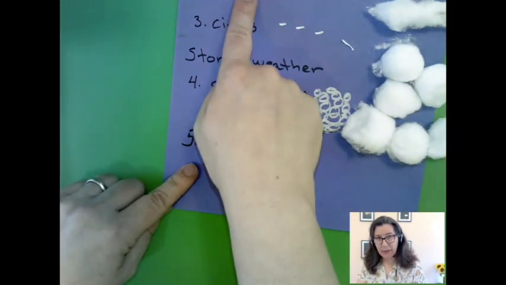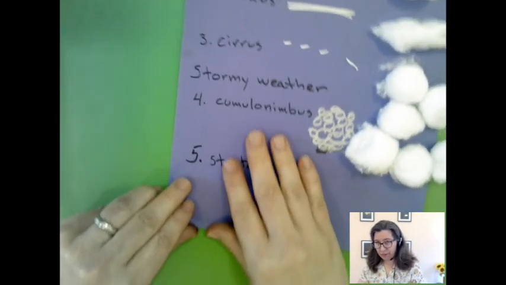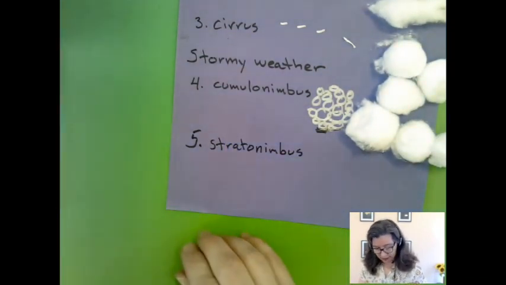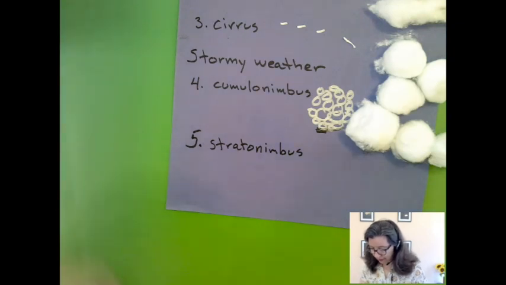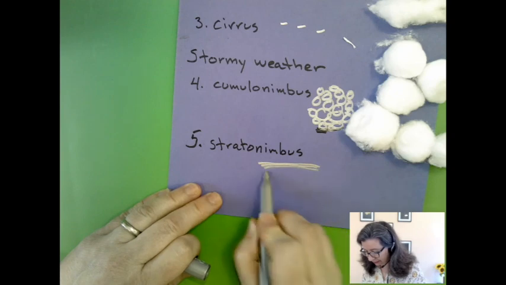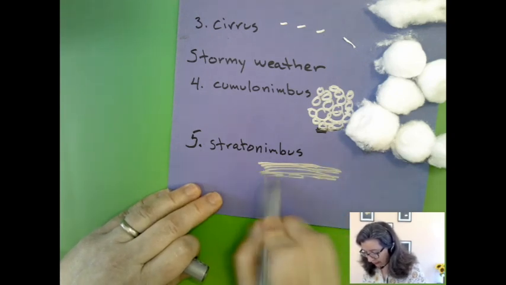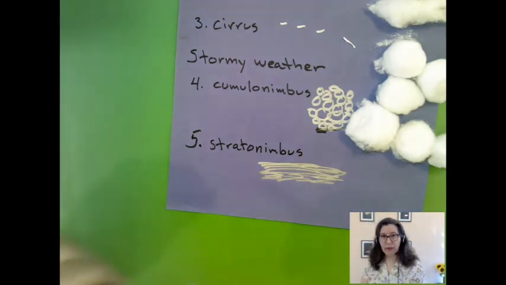The same thing can happen to Stratus Clouds. They can get thicker. So Stratus Clouds, when they're a blanket that's gotten really, really thick, they cover the whole sky, but it's a thicker layer. We call those Stratonimbus clouds.